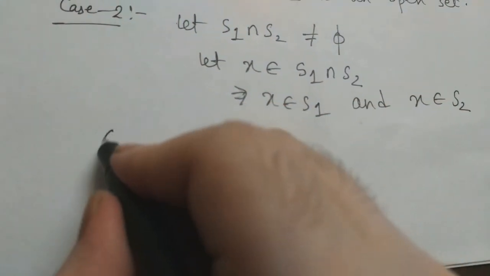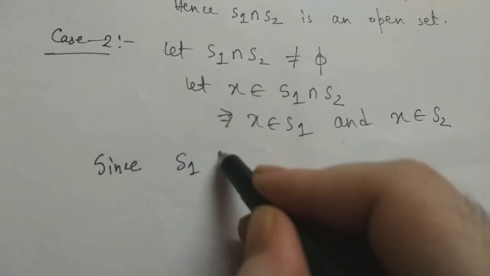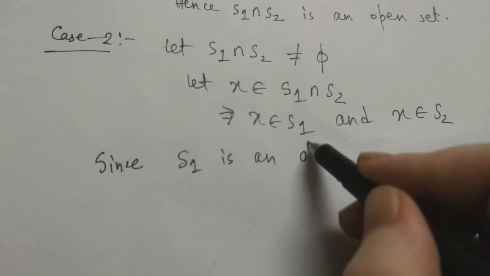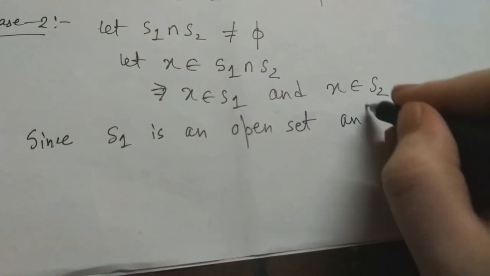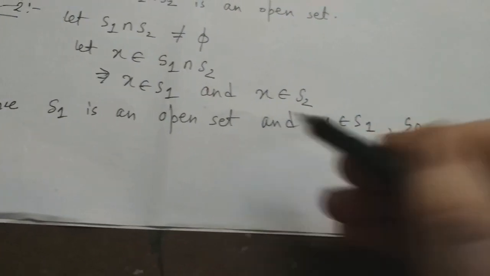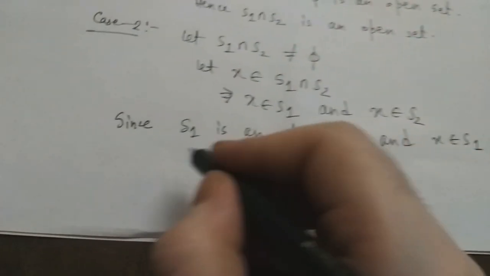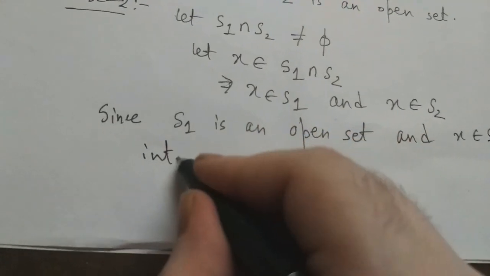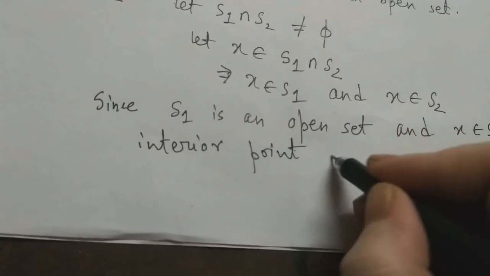Now, since S1 is an open set and x belongs to S1, by the definition of open set, x must be an interior point of S1.